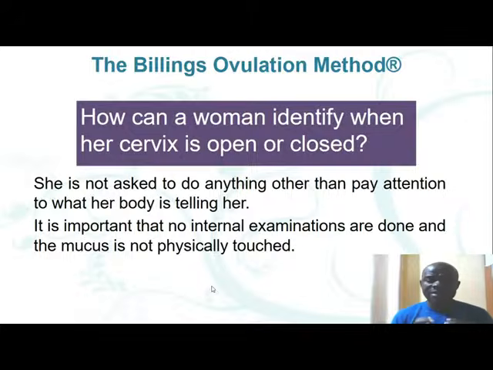And under the Billings Ovulation Method, you are not supposed to make internal examination. Why? Because the inside of the vagina is always wet. You may end up confusing, getting wrong results.